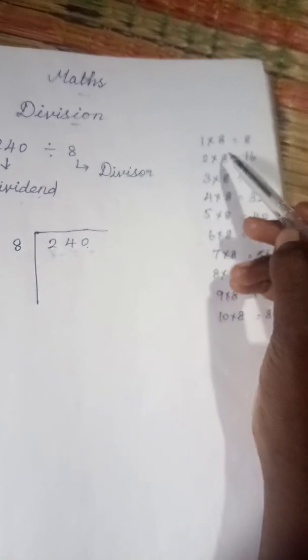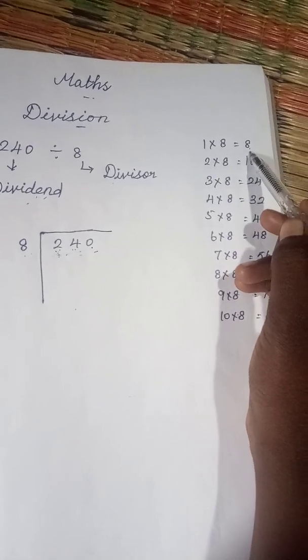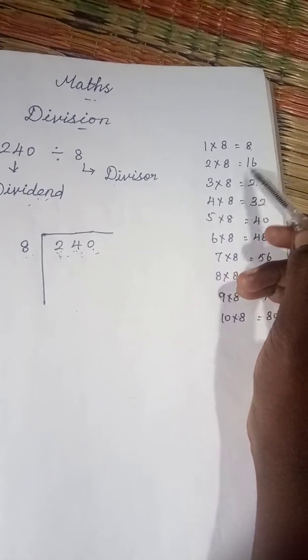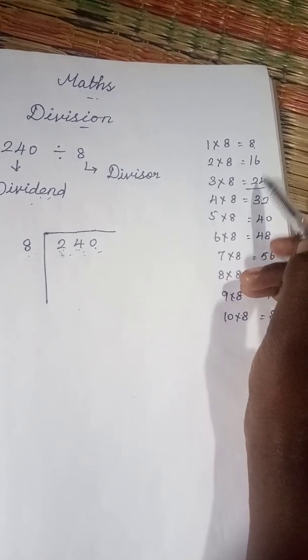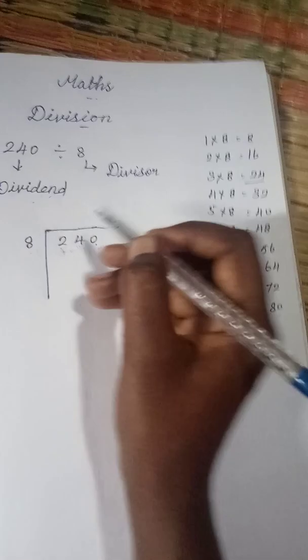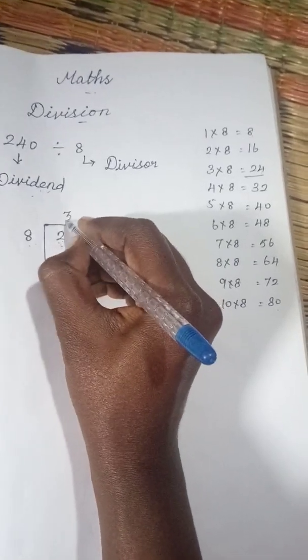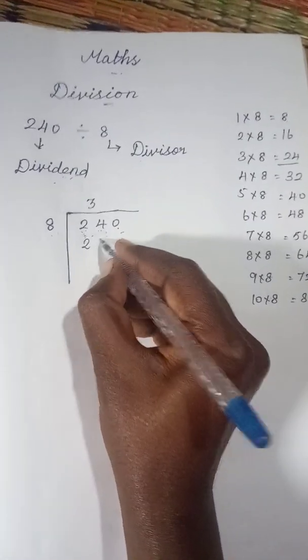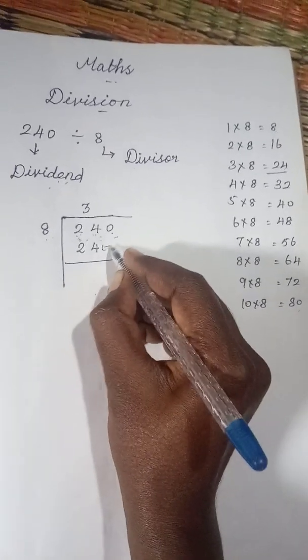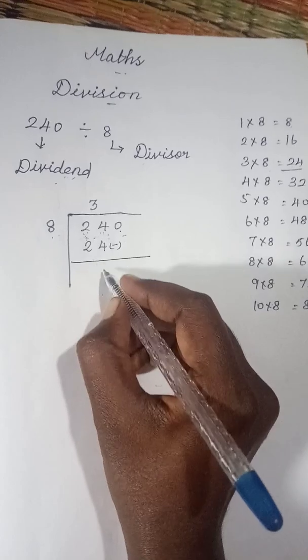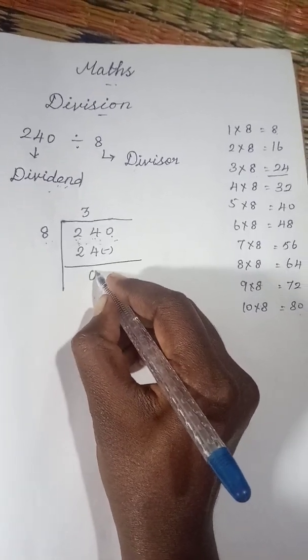Now we'll say the table. 1 8 is 8. 2 8s are 16. 3 8s are 24. So I'll write 3 on the top and 24 here. Now we subtract. 24 minus 24 is 0.